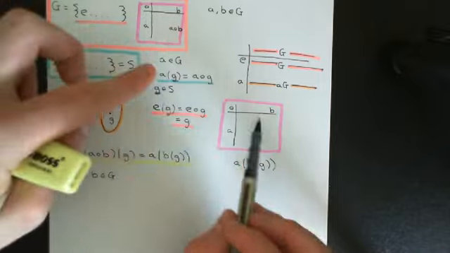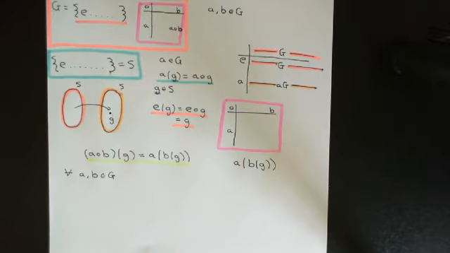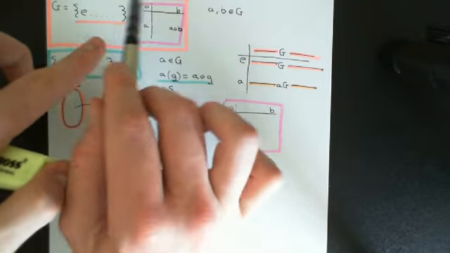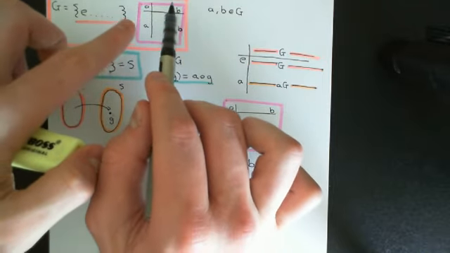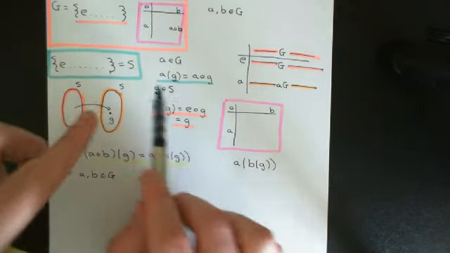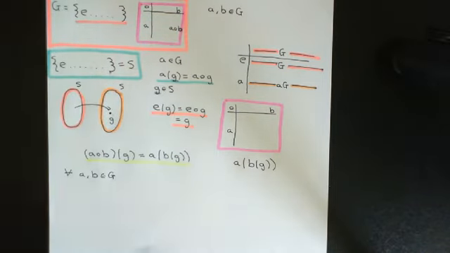We have proven that these two composition laws are the same. We have effectively proven that the composition law that I have up here already on the group is equivalent to composition of the set permutations that I have just defined all of the elements of the group to be associated with.